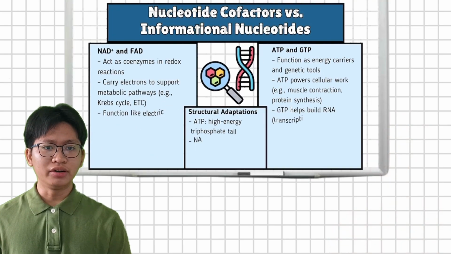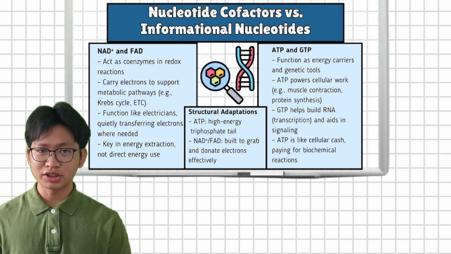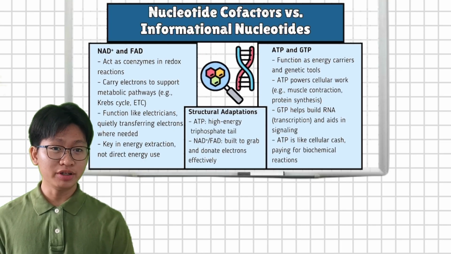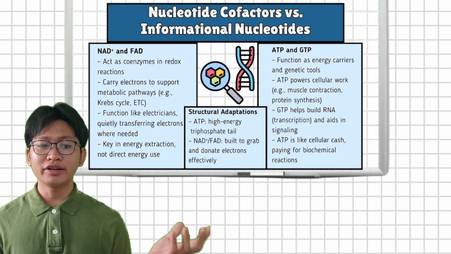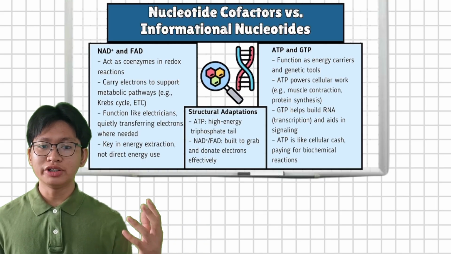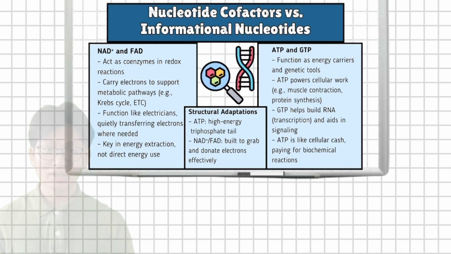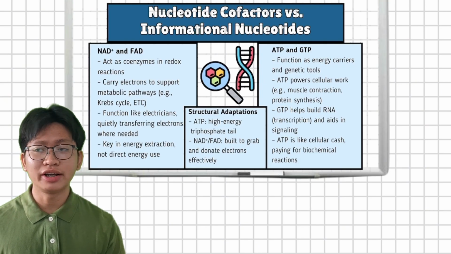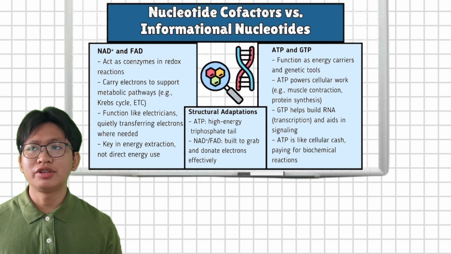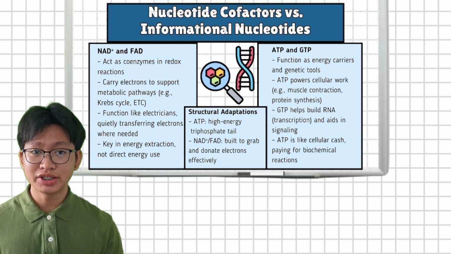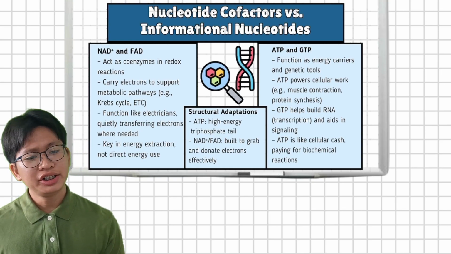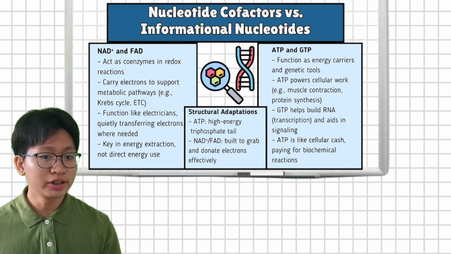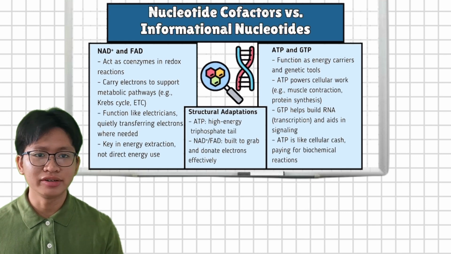NAD and FAD are cofactors that help enzymes do redox reactions. ATP and GTP, on the other hand, are energy or genetic information molecules that fuel reactions or are used in DNA and RNA synthesis. For example, ATP is kind of like a cell's cash or currency. It pays for things like muscle contraction, protein synthesis, etc. GTP helps build RNA during transcription and also acts in signaling.